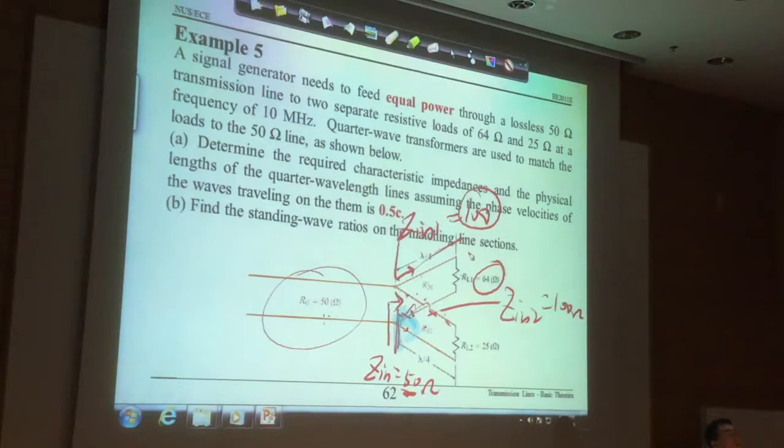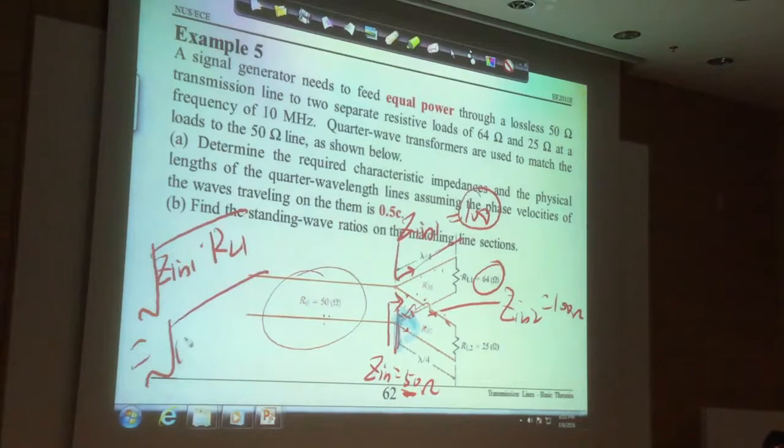Then what is the characteristic impedance of this section of transmission line? It is the square root of Z in 1 times RL1, where RL1 is the load, right? That is the square root of 100 times 64. What is the value? The characteristic impedance of this is equal to 80 ohm.